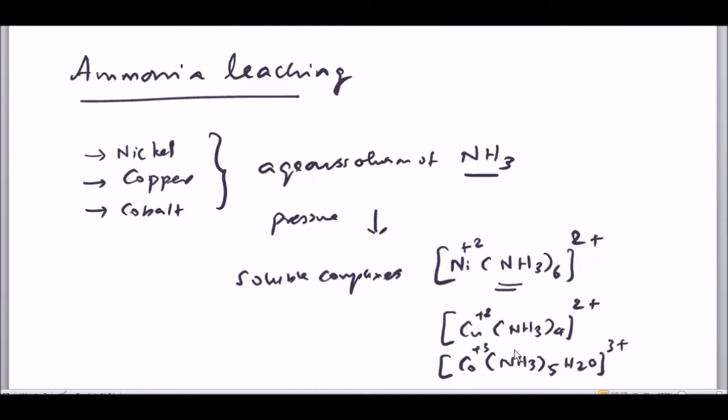So these are the various complex compounds which are formed when these metals are leached with ammonia, and unwanted things are left behind. What are all the insoluble things?